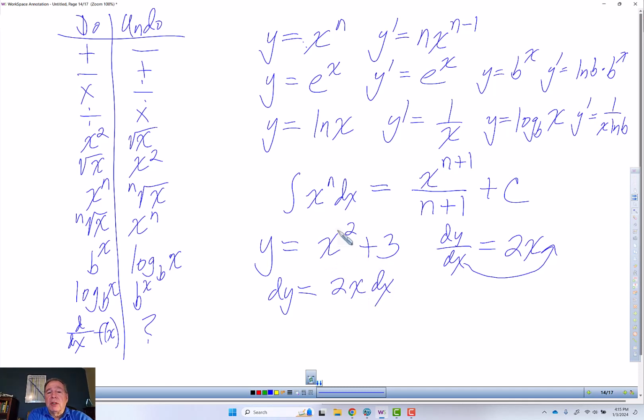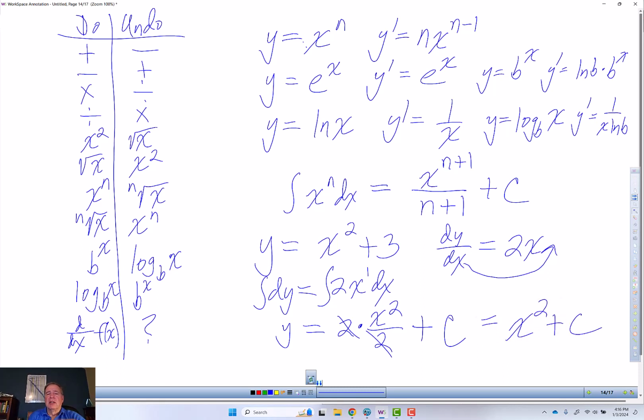Now what I'm going to do is take the integral of both sides. So this is going to be just y equals 2. This is x to the 1, so this becomes x squared divided by 2, and then I put the plus c in here to account for, there could have been a constant here that when the derivative was taken, it was destroyed. Now 2 divided by 2 cancels to a 1, so we get x squared plus c.